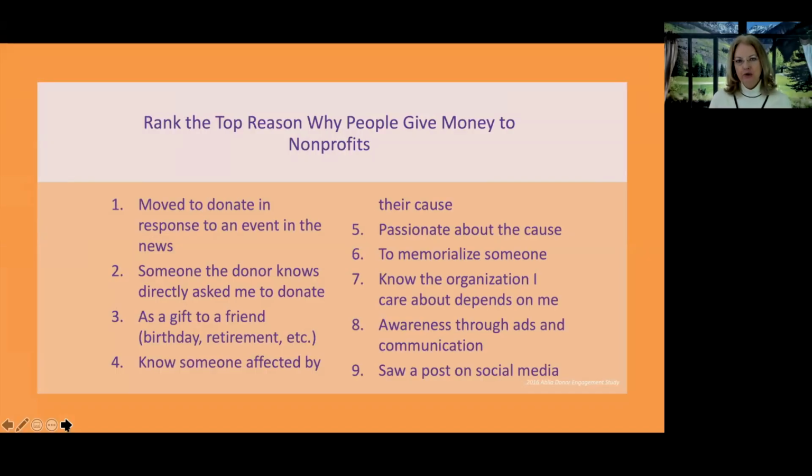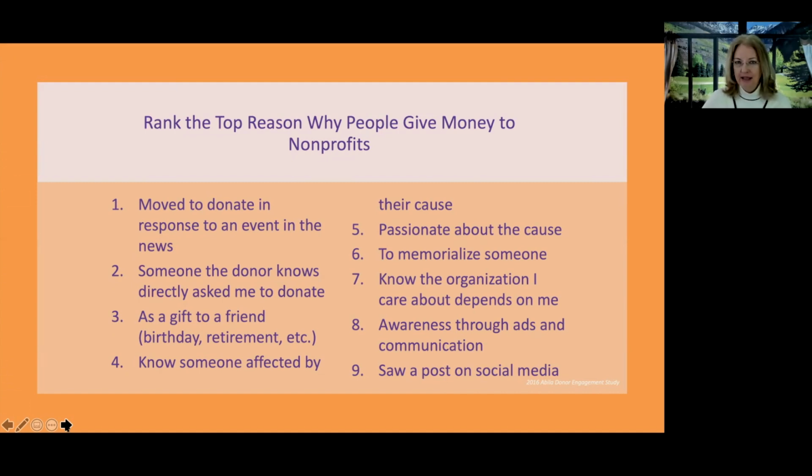Okay, so let's ask you the question. Why do you think people give money to nonprofits? I want you to rank the top reason why you think people give money to nonprofits. Is it because they're moved to donate in response to an event in the news? Someone that the donor knows directly asked me to donate. As a gift to a friend, birthday, retirement, they know someone affected by their cause.